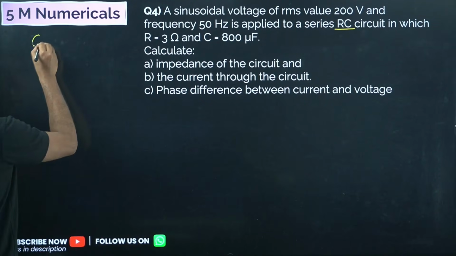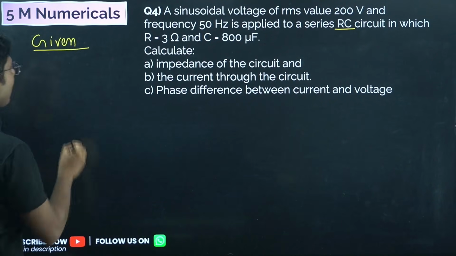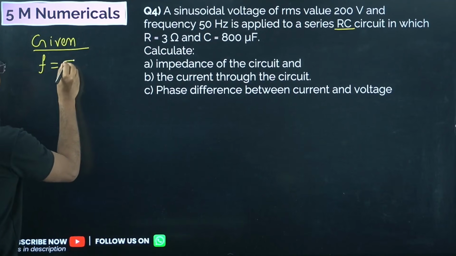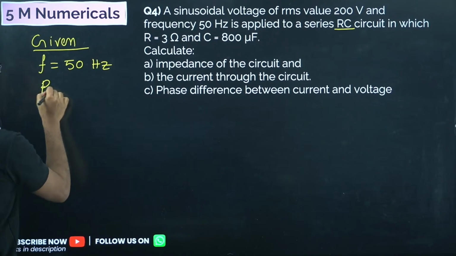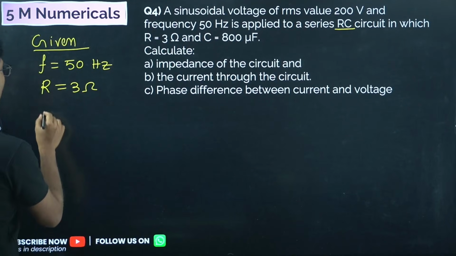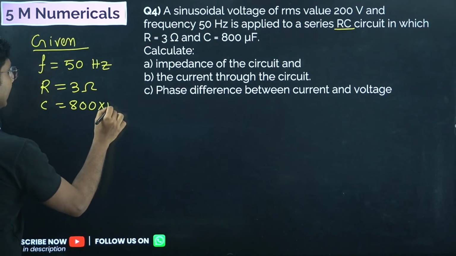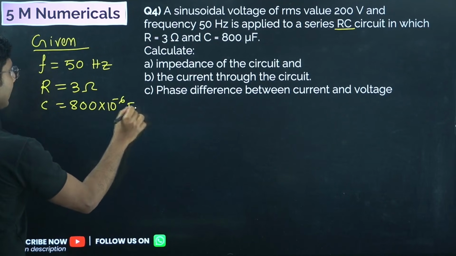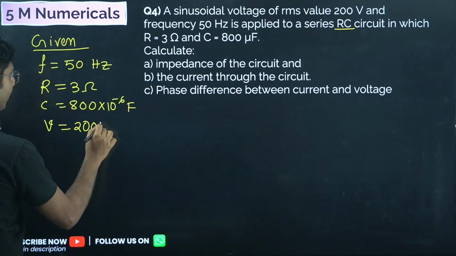So again, first stage, what is the given data: frequency is 50 Hz, resistance is 3 ohm, and the capacitance is 800 microfarad. Micro means again 10 to the power of minus 6 farad, and the voltage is also given over here, that is 200 volt.